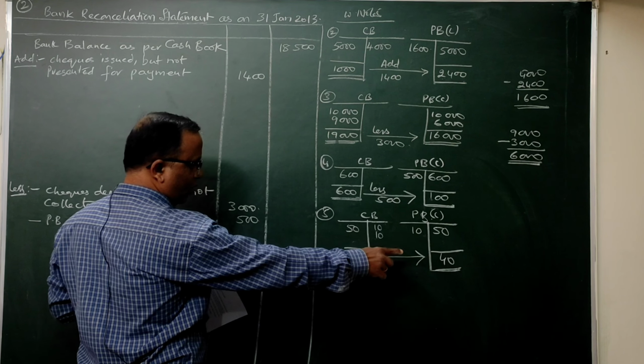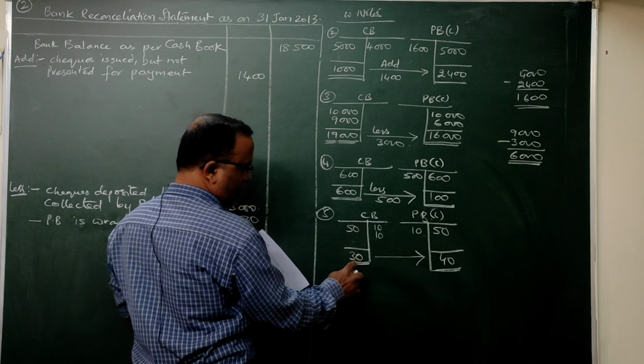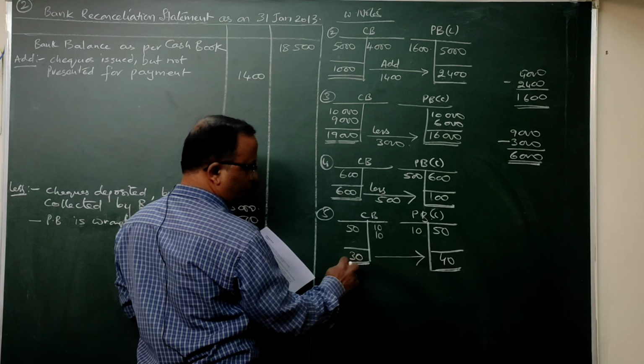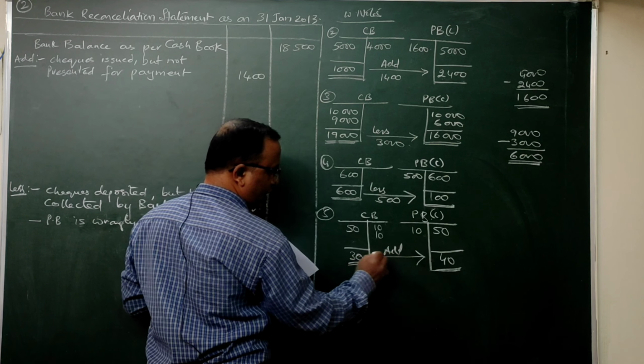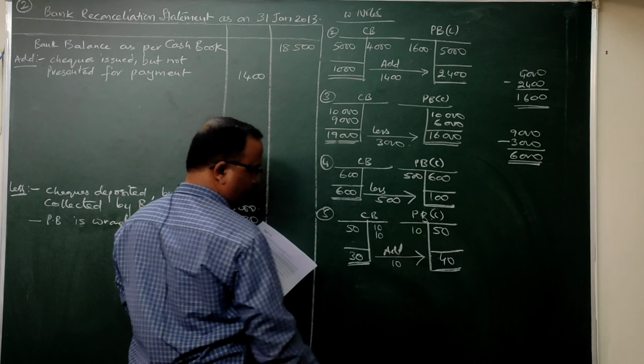Our arrow mark will point towards the constant side. So this 30 should be converted to 40. Converting 30 to 40 means to this 30 we should add how much? The difference between these two, 10 rupees.